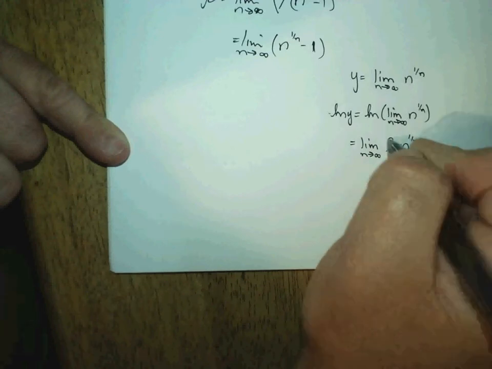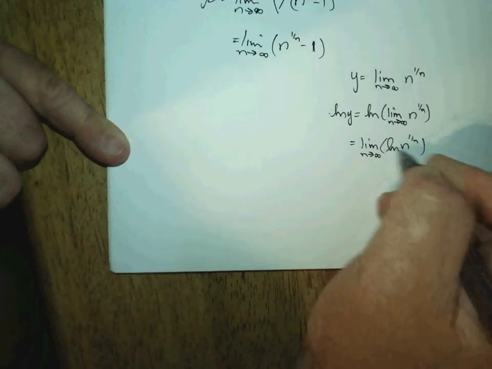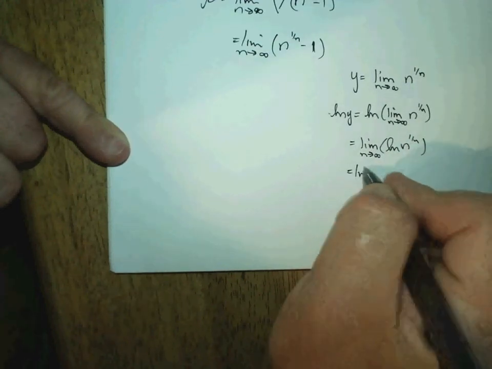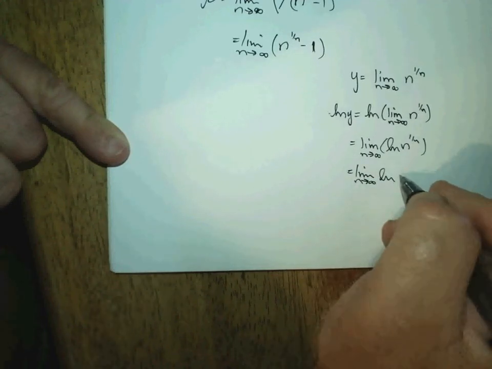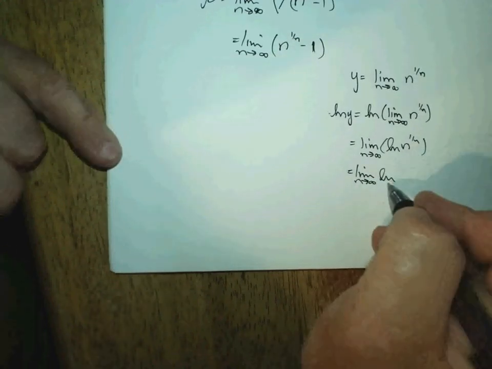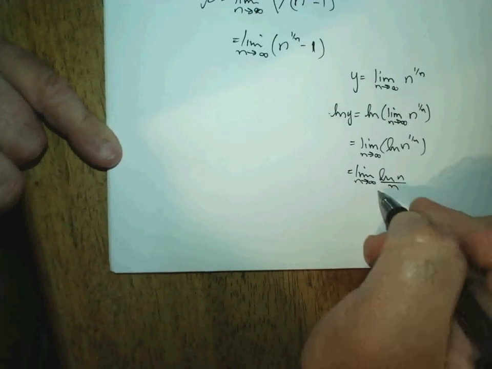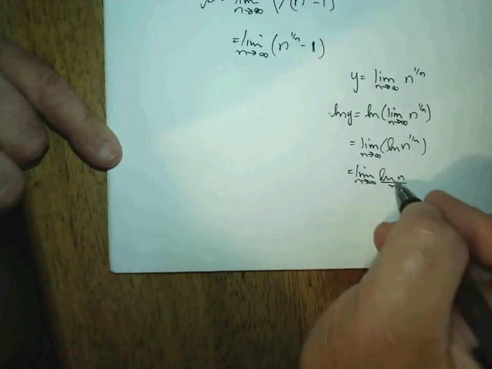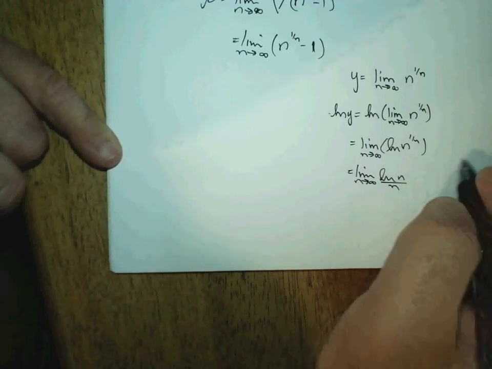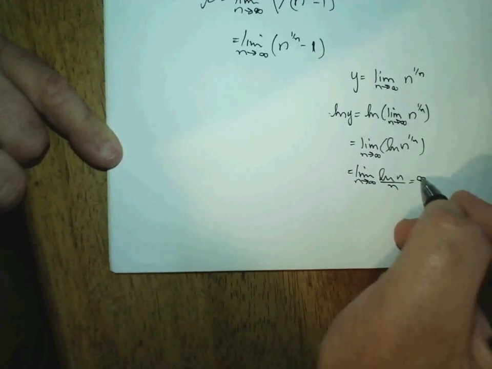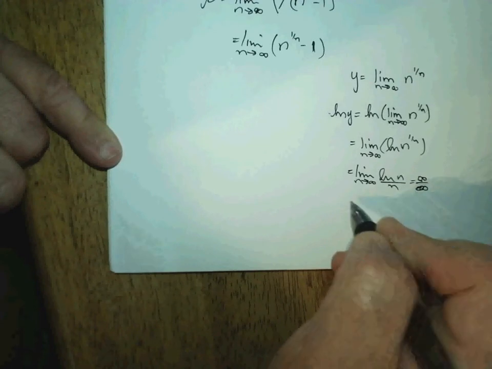You pass the log inside the limit. The 1 over n now comes in front. In front, so put that in the denominator.